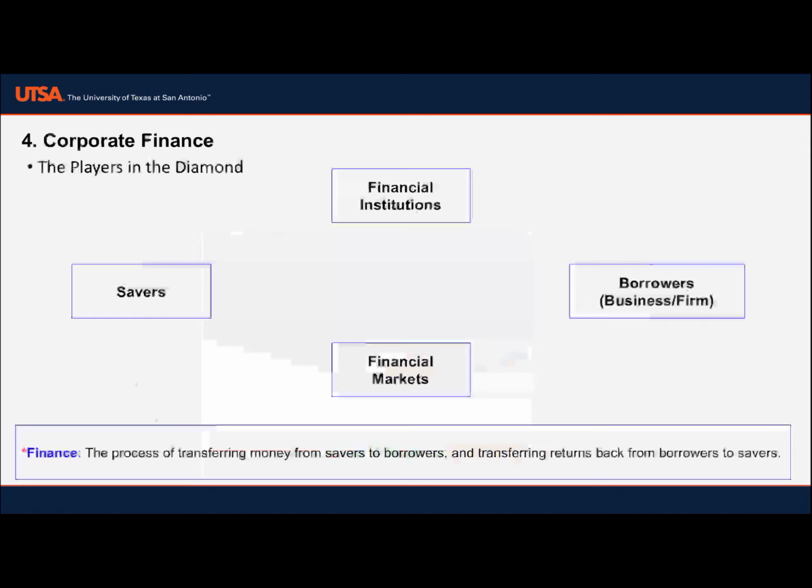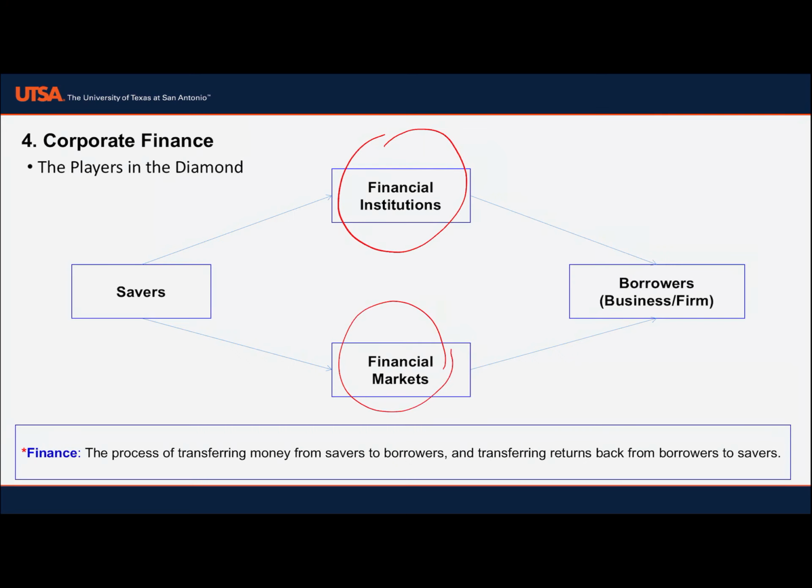We can show the whole financial system in this chart, the players in diamond chart: we have financial institutions, financial markets, borrowers, and savers.